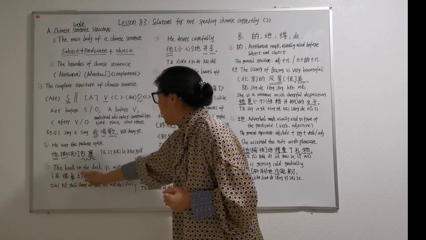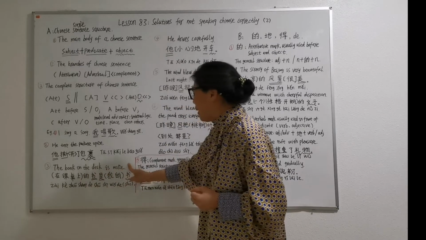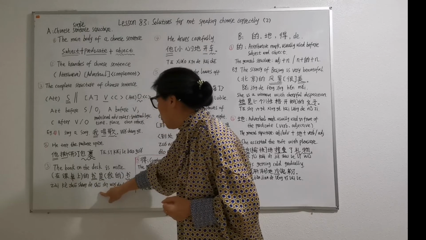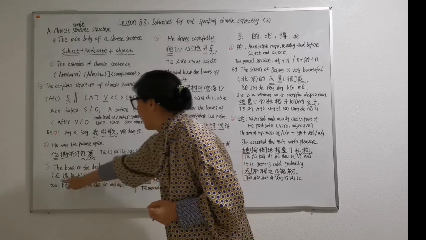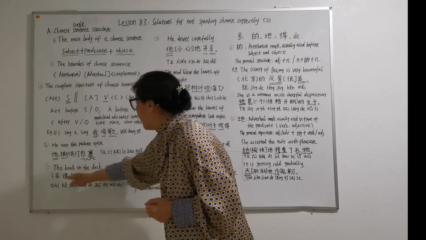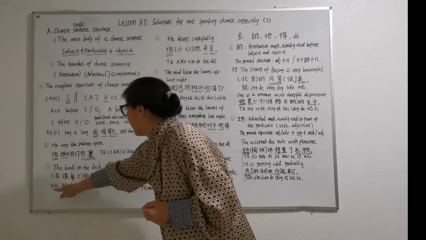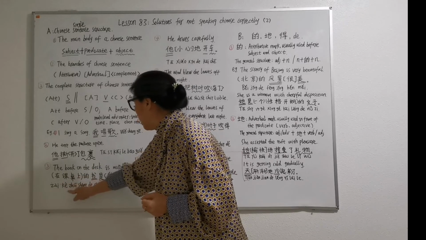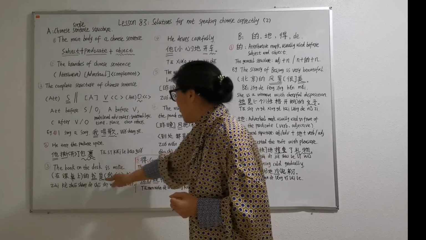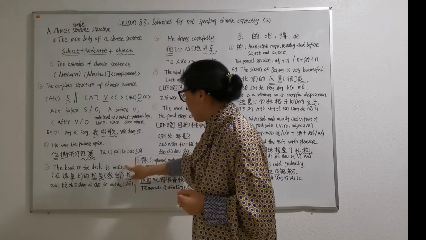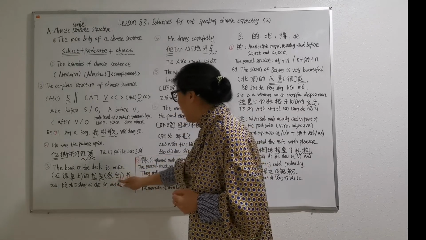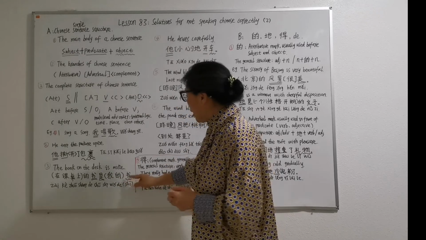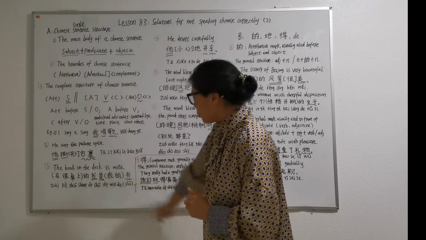We go on to the third one. The book on the desk is mine. The book 书, on the desk 在课桌上, on 在, desk 课桌, is 是, mine 我的书. We can omit 书.